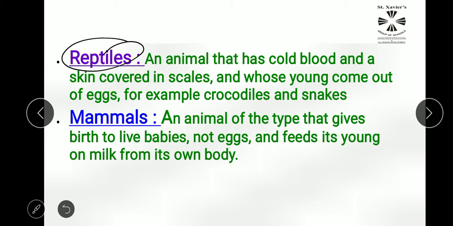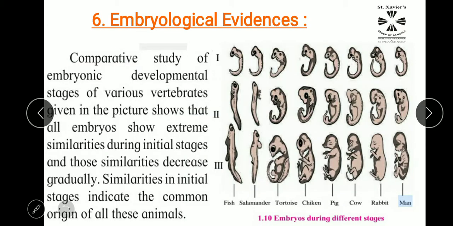For example, crocodiles and snakes are called reptiles, students. A mammal is an animal of the type that gives birth to live babies, not eggs, and feeds its young ones milk from its own body. This is about mammals and reptiles, students.